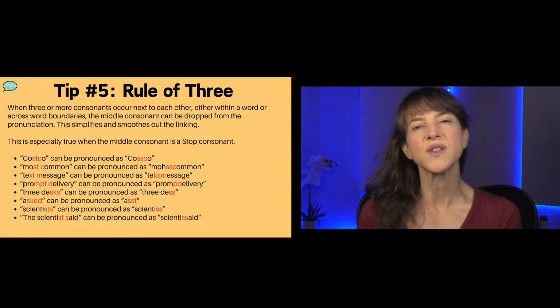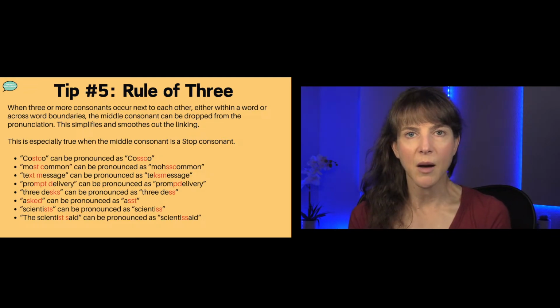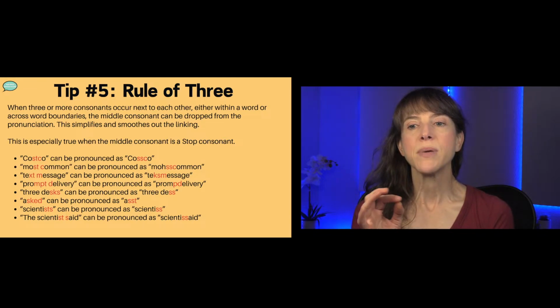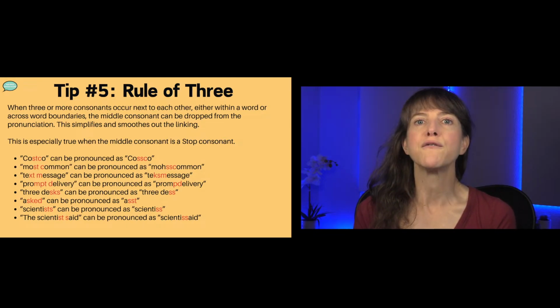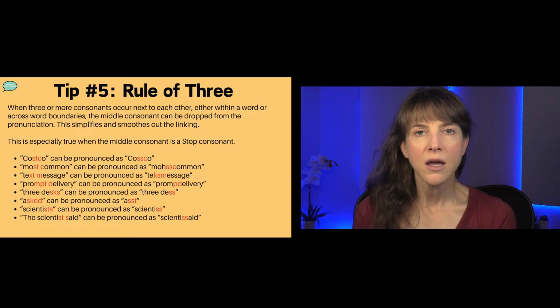You're going to hear this rule of three much more often when that middle consonant is a stop consonant, and especially when it's a T or a K, because those consonants break the flow of speech. There's just a lot to say, so they get dropped quite a bit because of the rule of three.